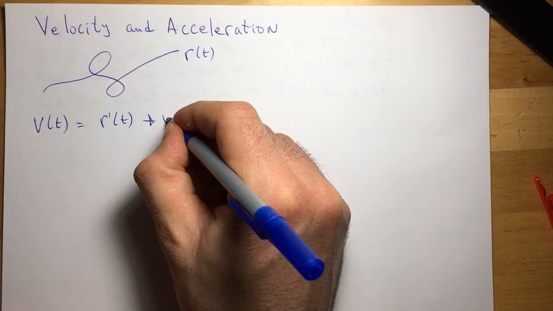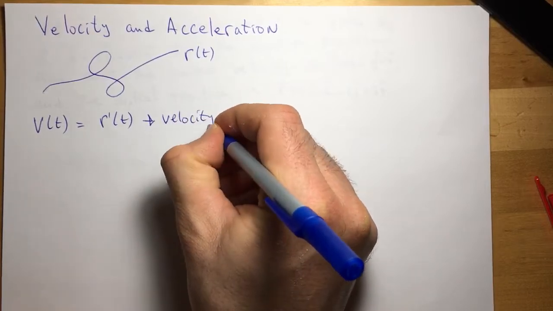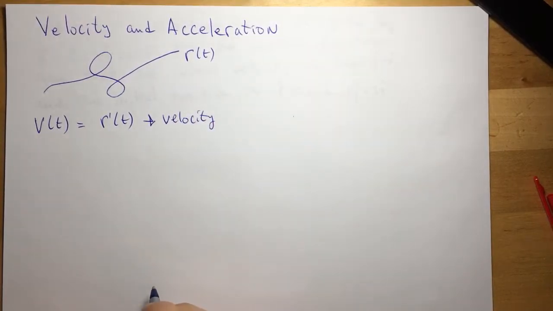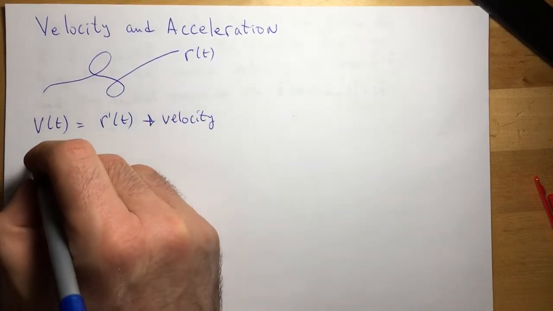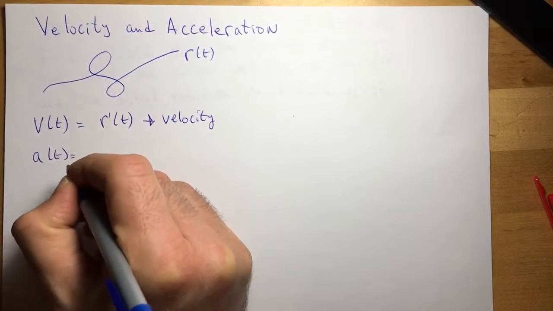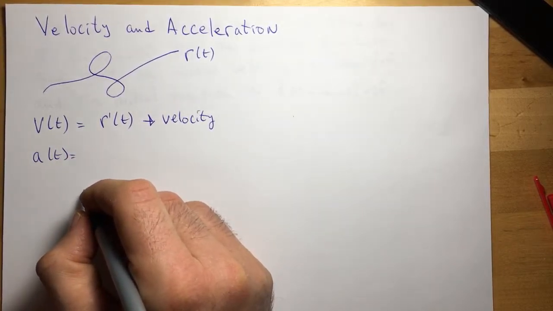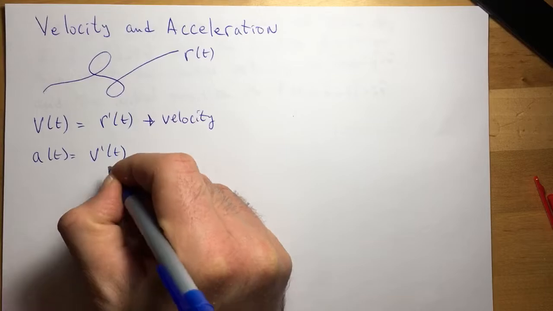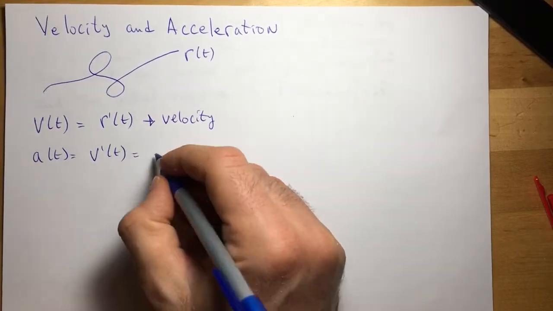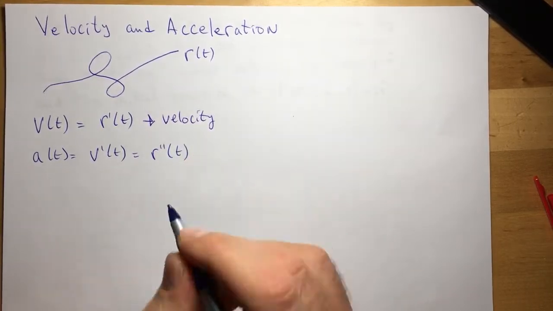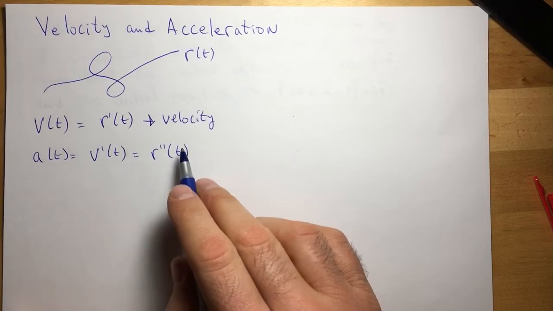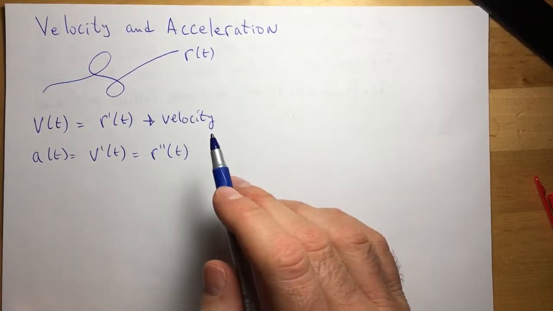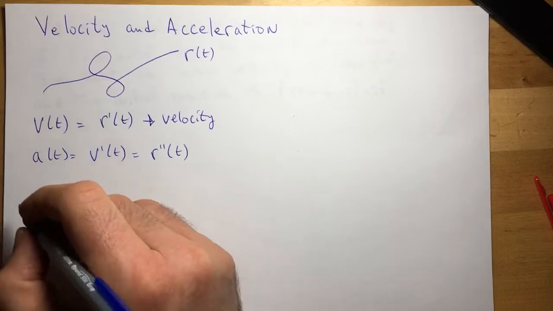So that's velocity, which is the rate of change of the position vector, and the acceleration is the derivative of the velocity, which is just the second derivative of the position function, okay?